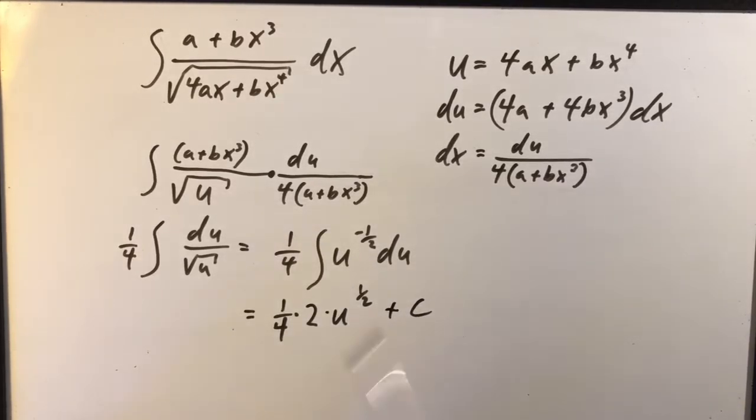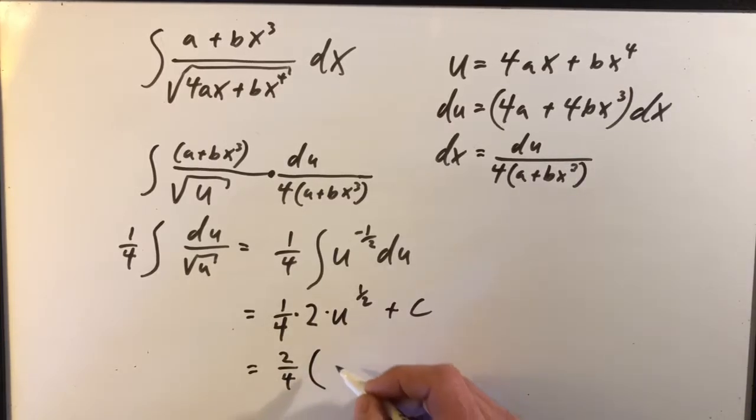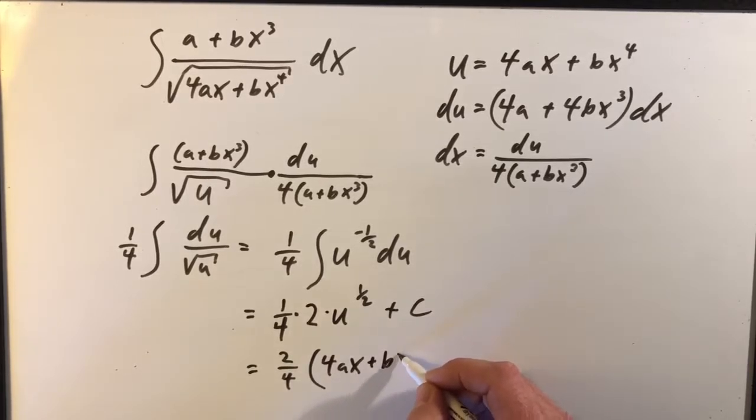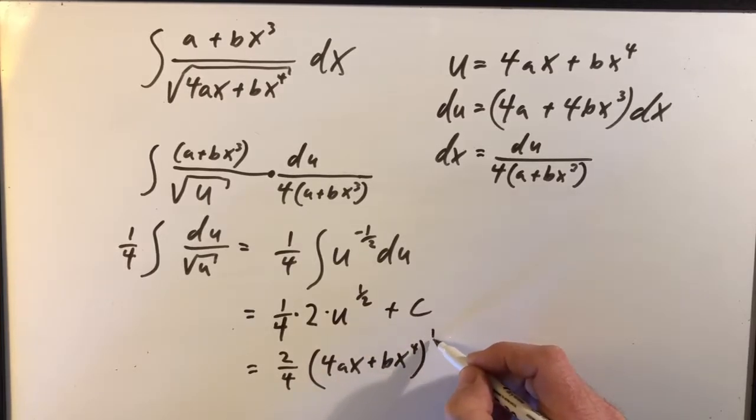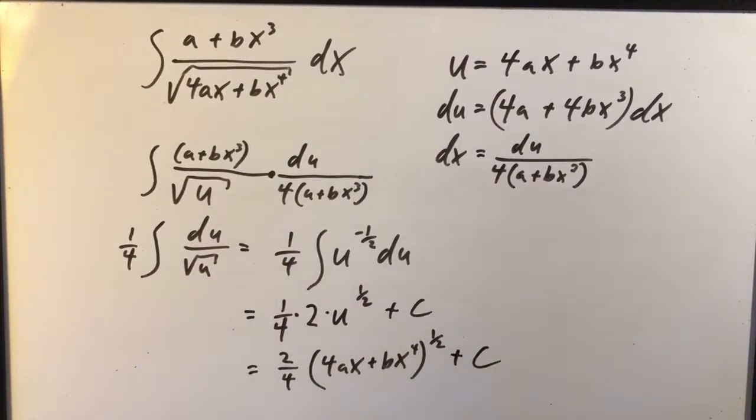Now we're responsible for substituting back in what we originally assigned as the value of u. So we're going to be left with 2 over 4 for that first part, and then I'm going to have to put in 4ax plus bx to the 4th for that guy, and that's to the 1/2, plus c.